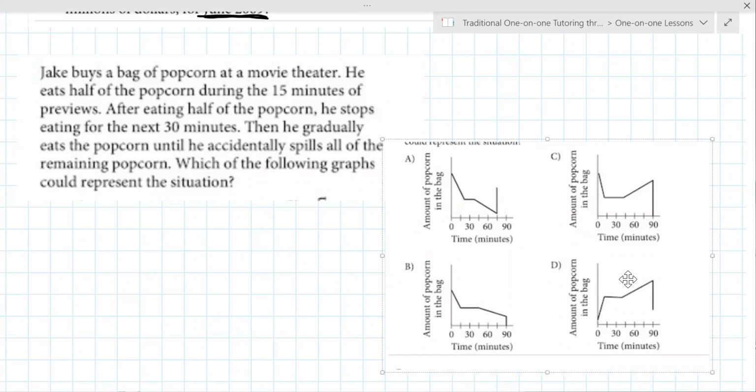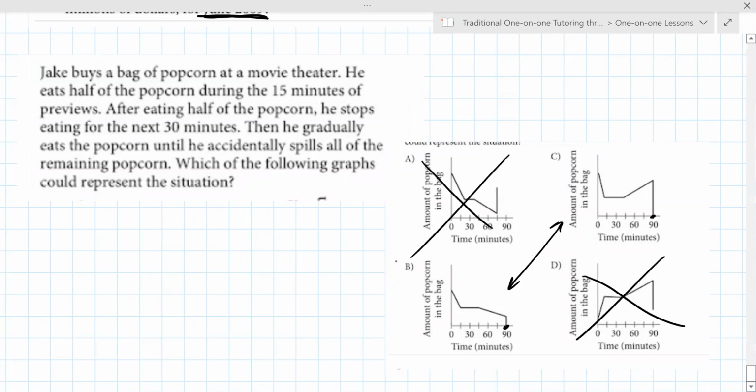Letter B. Yeah, so what's the difference between B and C? Because they both go to 0, whereas these don't. Or what's wrong with C, I guess, is another way for me to ask it. Well, as the time goes on to about 70, 80 minutes, the graph goes up.